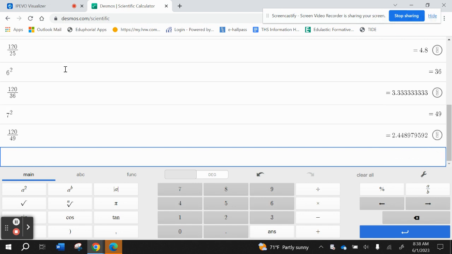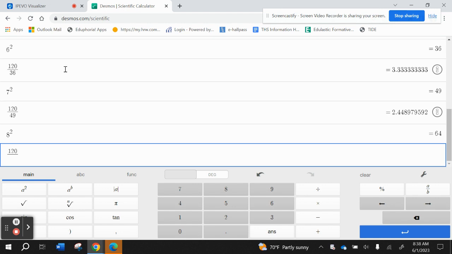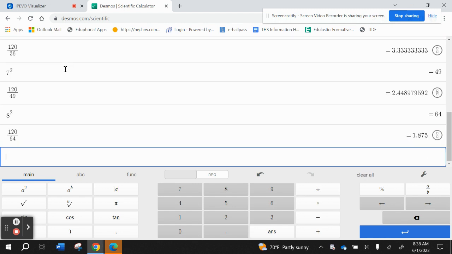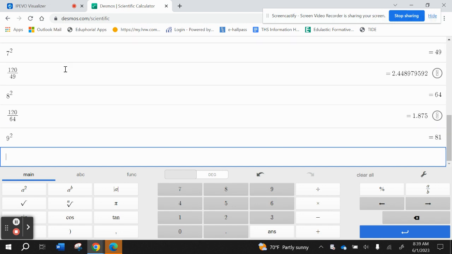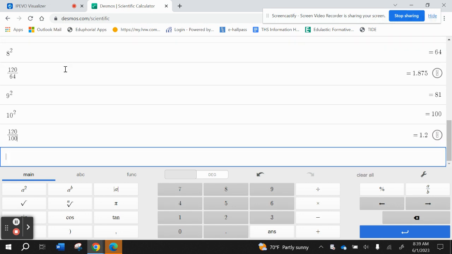Nope. 8 squared, 64. 120 divided by 64. That's not going to work. 9 squared, that's definitely not going to work. 10 squared, 100. 120 divided by 100. Nope. 11 squared. All right.